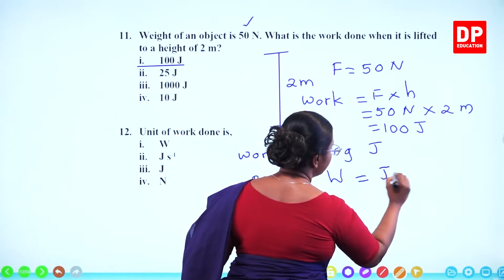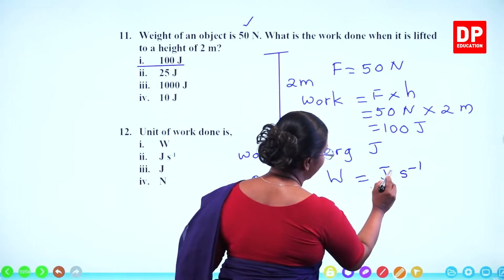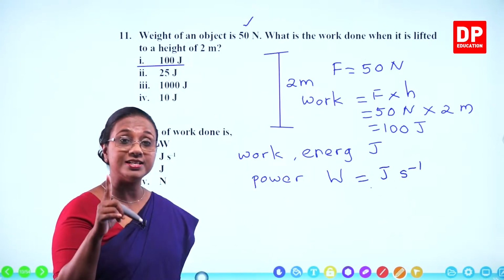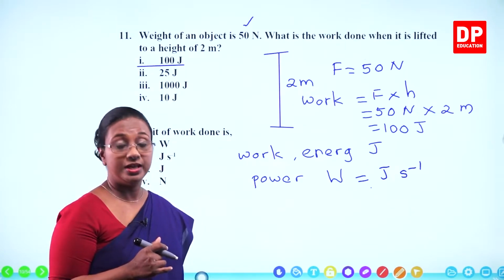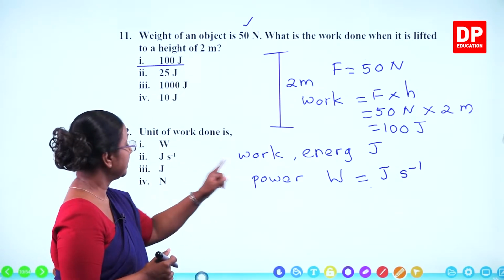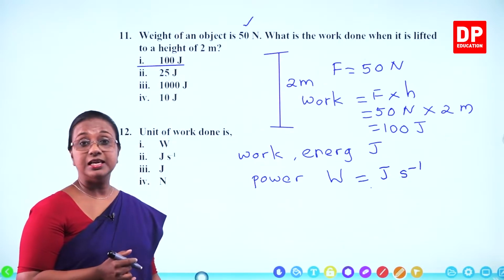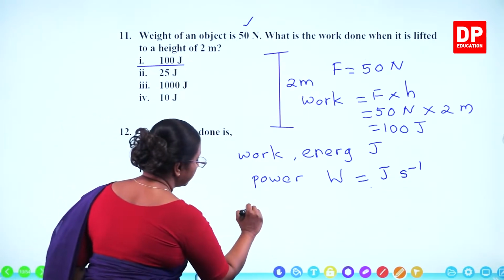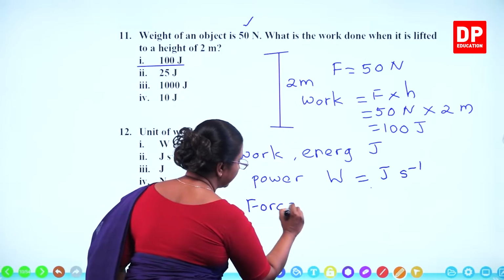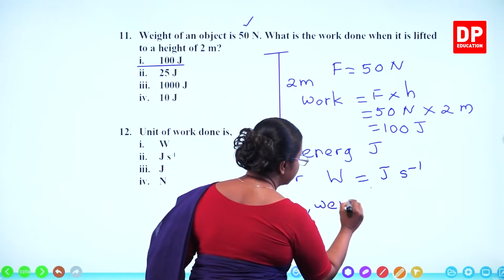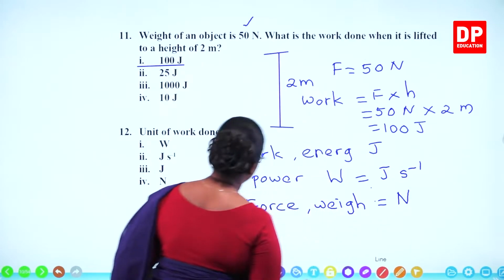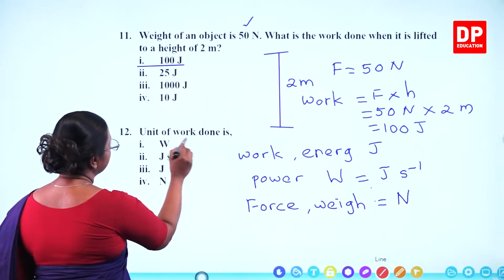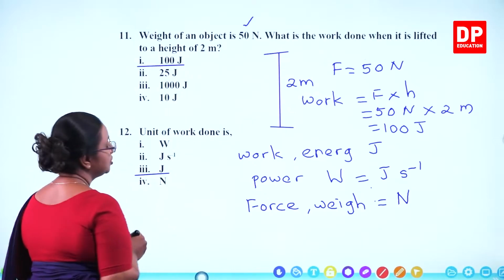Watts is equal to joule per second. Why? When 1 joule of work is done in 1 second, the power of the object or the machine is in watts. Then joules is energy, Newton is force. So Newton is force or weight. Force, weight, both are Newton. So the answer is unit of work done, joules.